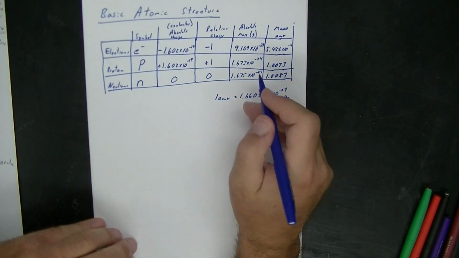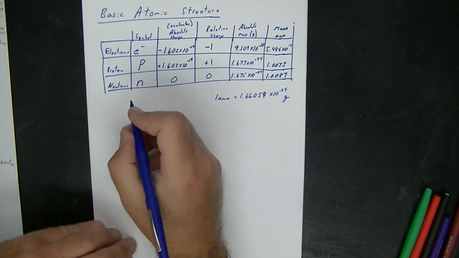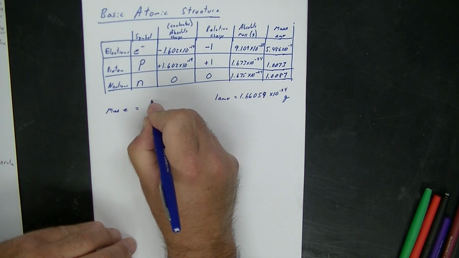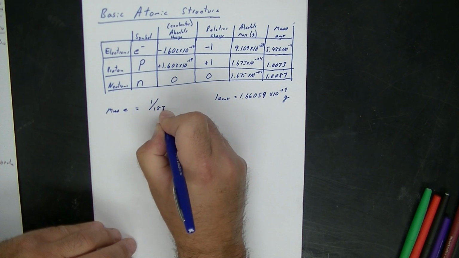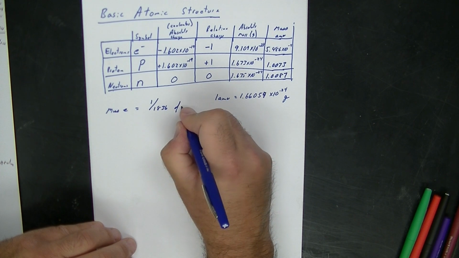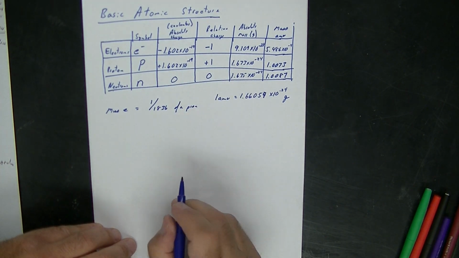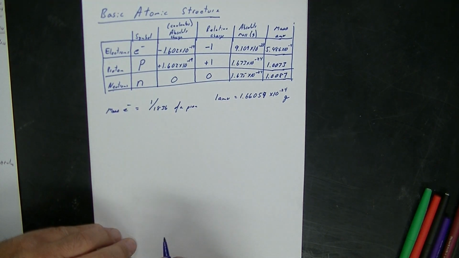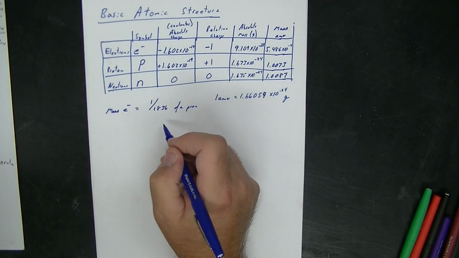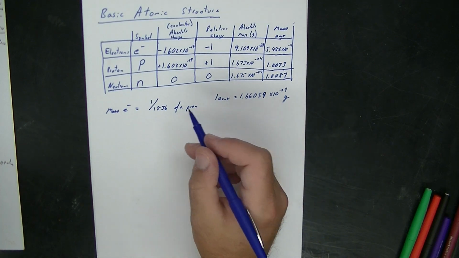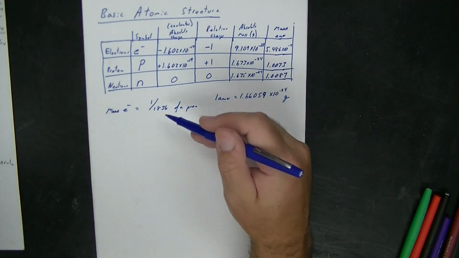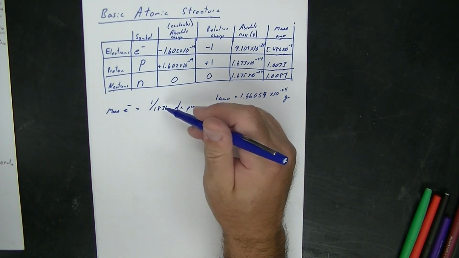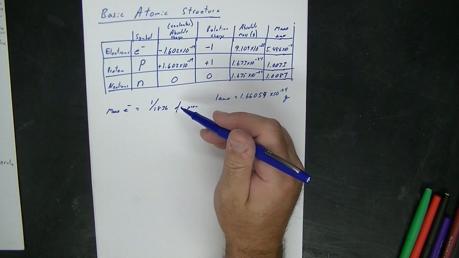Now, in reality, the mass of an electron is equal to 1/1836th of a proton. It's extremely small. That mass of electron is extremely small. Matter of fact, it's so small that we say it has no mass. In reality, it does, all right, but it's so small that we say that an electron has zero mass.